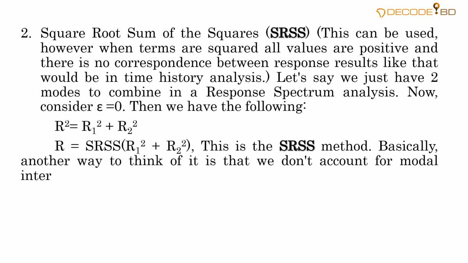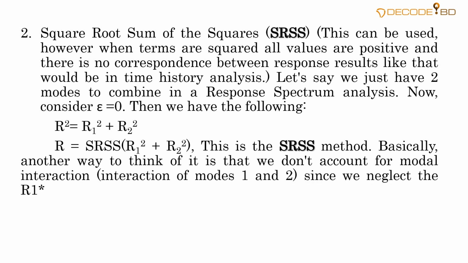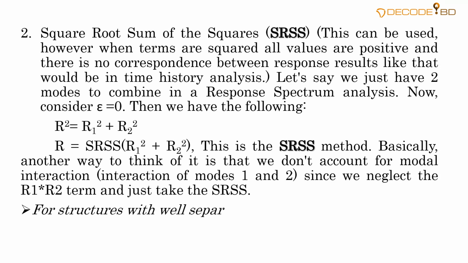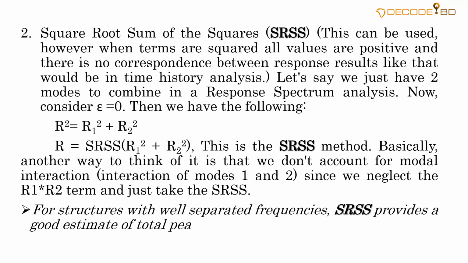Basically, another way to think of it is that we don't account for modal interaction of modes 1 and 2, since we neglect the r1 into r2 term and just take the square root sum of the squares. For structures with well separated frequencies, SRSS provides a good estimate of total peak response.